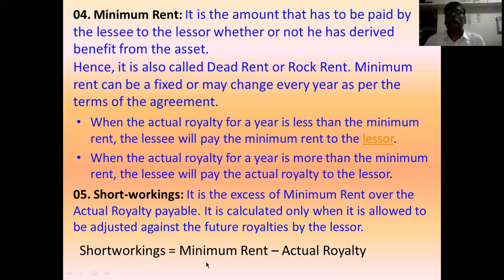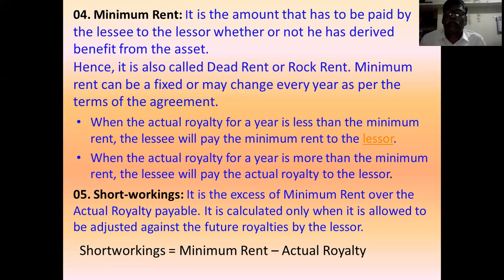For example, suppose the royalty fixed per ton is 2 rupees, and the mineral raised is 5,000 tons. Rate of royalty is 2 per ton. Then the total amount of royalty is 10,000.